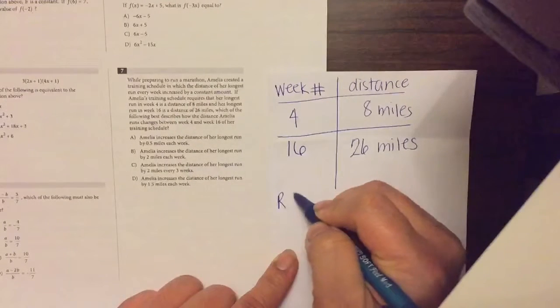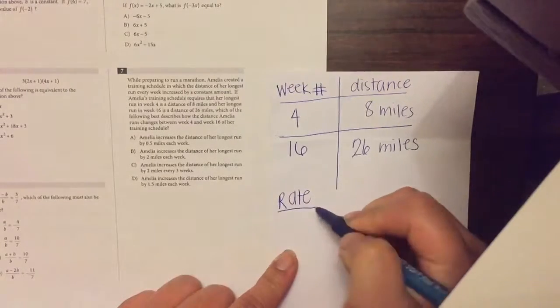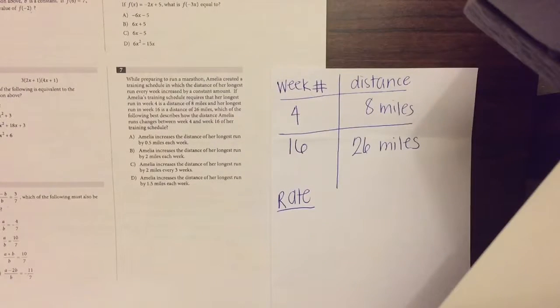And recall from Algebra 1 how rates can be calculated. Basically, this is the same as slope if we were given an equation or a graph of linear equations.